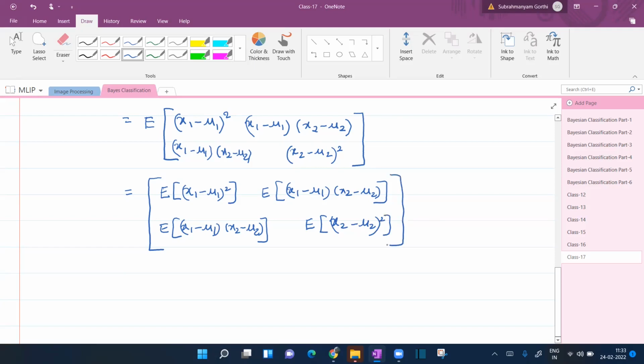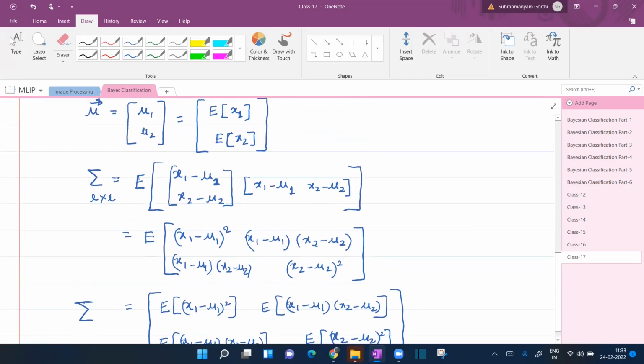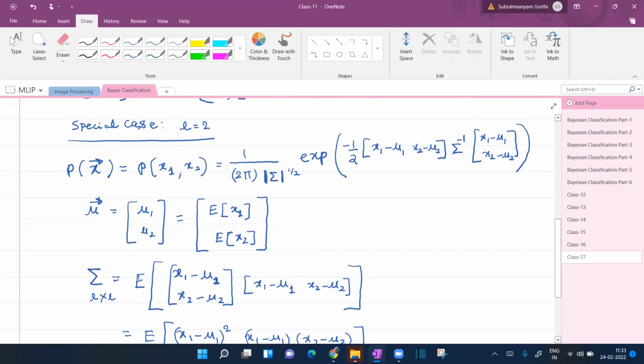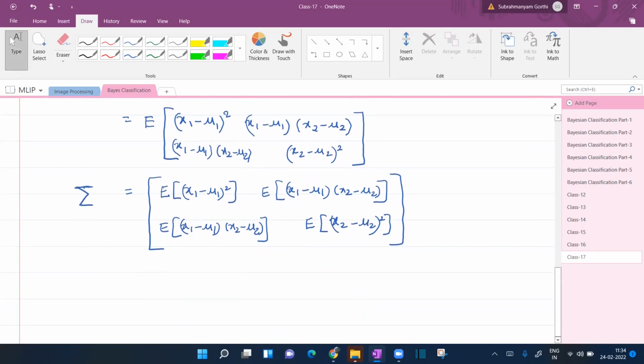What is this? This is my covariance matrix. I know how to compute expected value of a given thing already. How do I compute it? Integral over, we have done it, right? x into p of x from minus infinity to plus infinity dx. So instead of that x, you have these things for computing the covariance matrix.